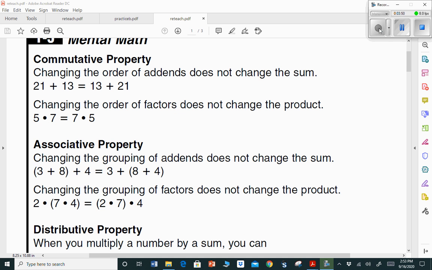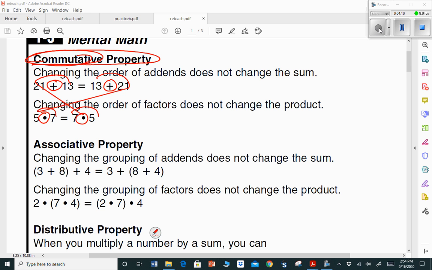Now you're going to be asked to tell which property is being used. In the commutative property, all we've got is either addition and addition, or multiplication and multiplication, with the numbers flip-flopped. That one's commutative, okay?